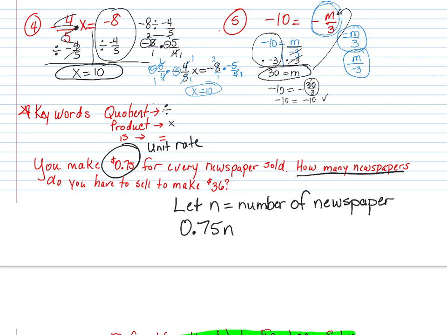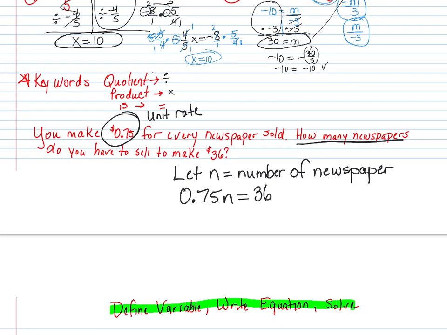How much do I want to make? Which means I want that to equal $36. What are we doing to 75 cents in n? So what do we have to do to solve for n? Divide by 75 cents.